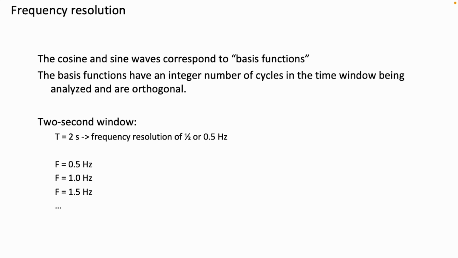If we take a window that is twice as long, a 2 second window, the frequencies that we can estimate become 1 divided by 2, and we can estimate frequencies that are closer to each other. So we can estimate frequencies at 0.5 hertz, because the slowest oscillation that we can fit in is half a hertz. Then the next one is 1 hertz, 1.5 hertz, etc.